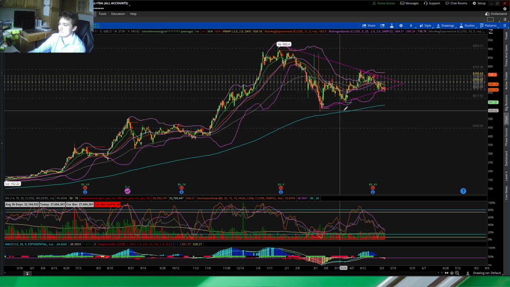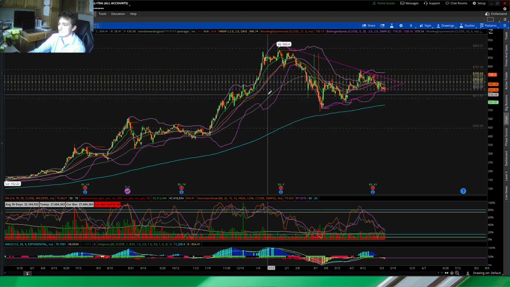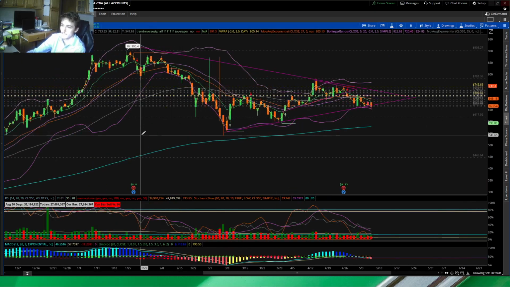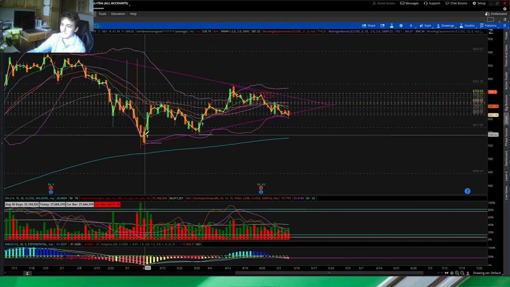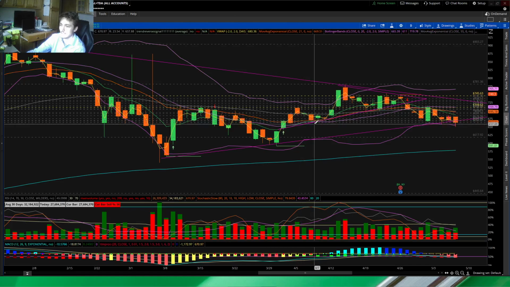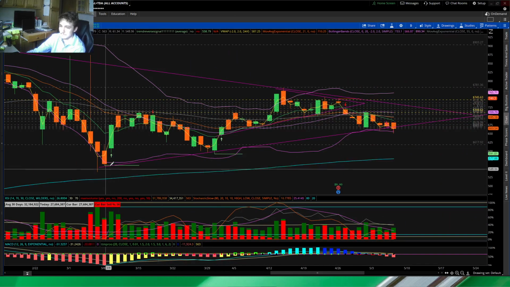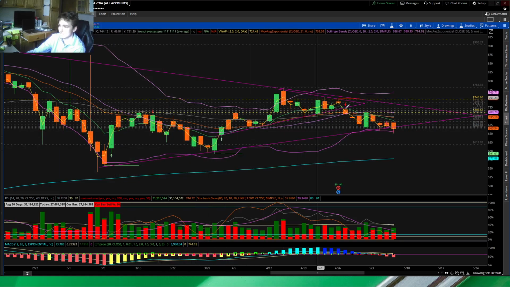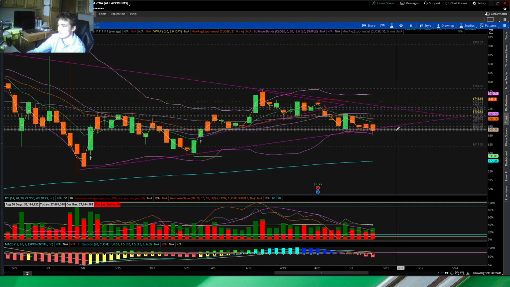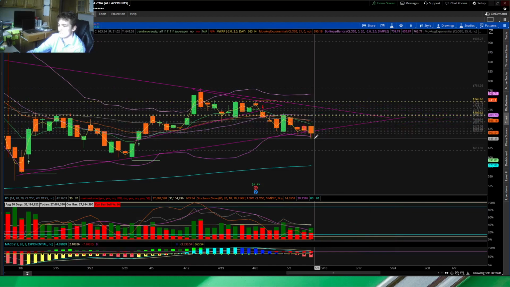Usually, if it's above the 200 EMA, that's bullish. But I like to draw, obviously, trend lines to see where we're at, and it looks like Tesla is in an uptrend right now, a small one. And you got a bounce, and it's bouncing right now.